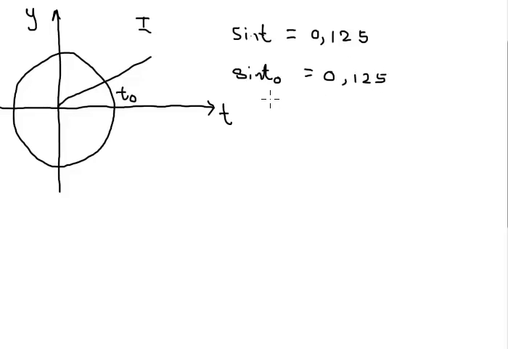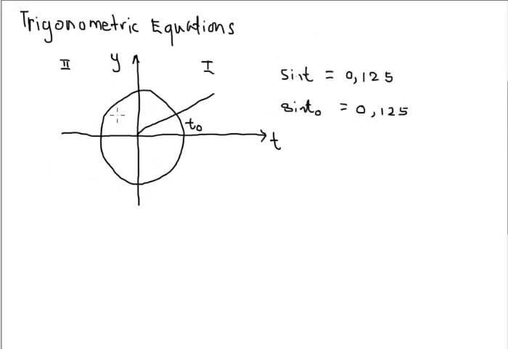Having that in mind, I know that if I reflect this arm on the other side of the y-axis, this angle is going to be reflected there, and I'm going to have t0 there.